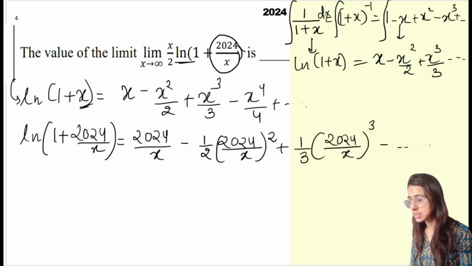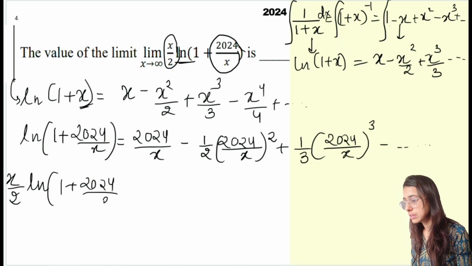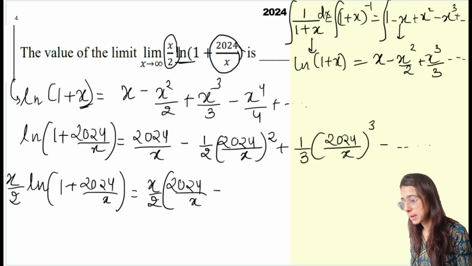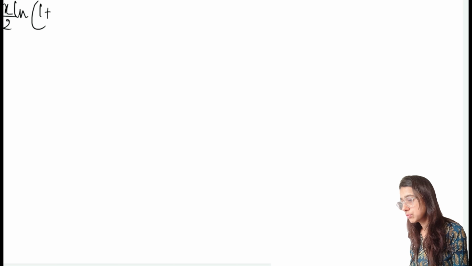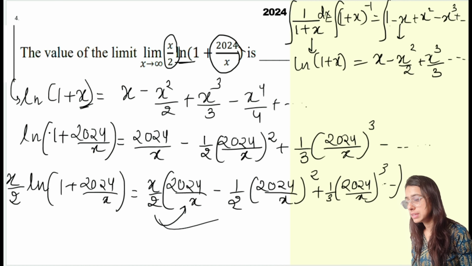Okay, I am taking the first three terms. After this we have to multiply it with x by 2. So x by 2 into log 1 plus 2024 by x will give us x by 2 into the series, where x by 2 will get multiplied to each term.